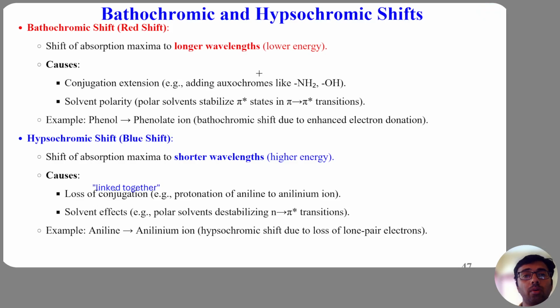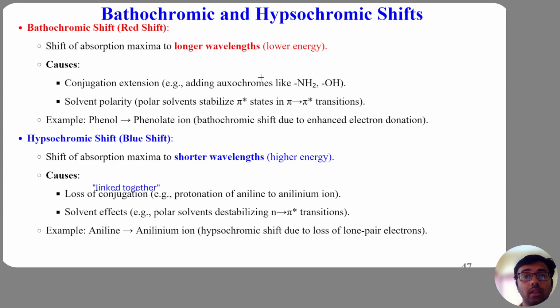Let us now formalize the causes of spectral shifts. A bathochromic shift, or red shift, is the movement of absorption maxima toward longer wavelengths. Structurally, this occurs when conjugation increases, adding auxochromes such as amino or hydroxyl groups. This extends electron delocalization.